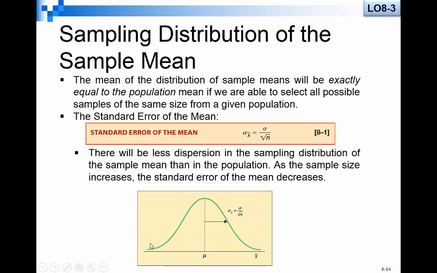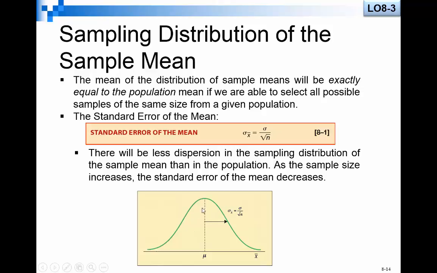Now, another way of describing the variability in that distribution of means, right? We're saying here that each score along the x-axis in this distribution of means is a mean. That's why it's bar x, right? And we're saying if we've gotten all of them, then the mean of that distribution should be the population mean. That's why mu is in the middle here, right?